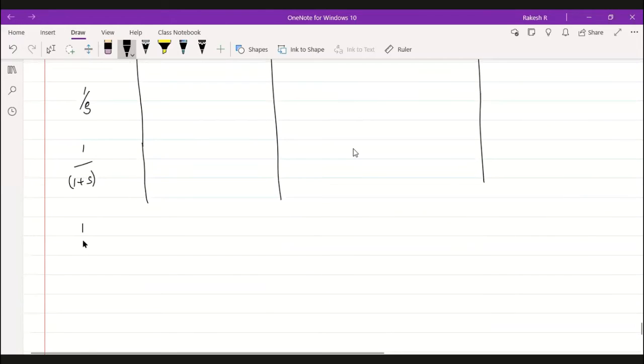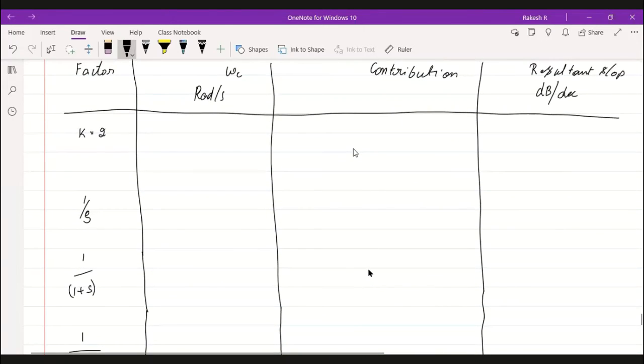After that, you need to choose the next highest corner frequency, that is 1 divided by 1 plus 0.2s. Even if the simple pole has a lower corner frequency than the k value, whatever the value of the corner frequency, the first one should be the k value. First one always should be k. Second one should be a pole or zero at origin.